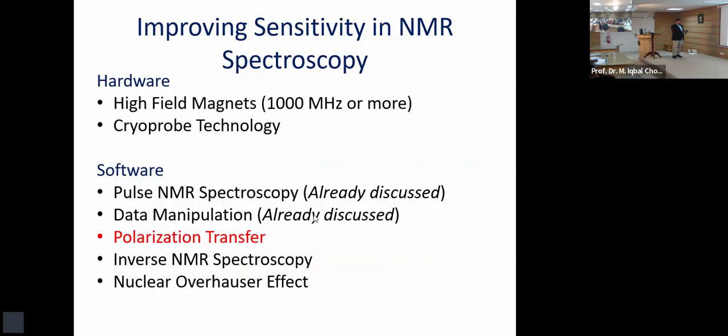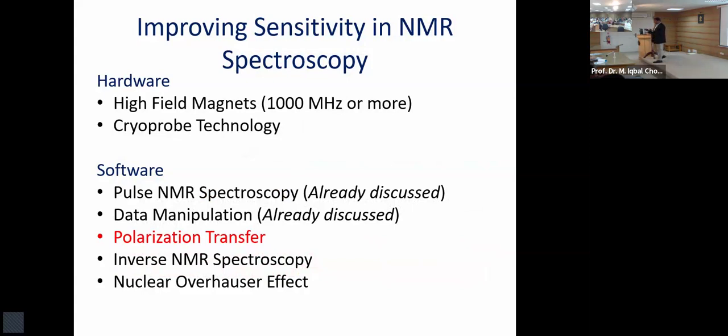Polarization transfer, that was the most important development after pulse in NMR spectroscopy. That has changed the face of NMR spectroscopy forever. And we will study that a bit more at length.